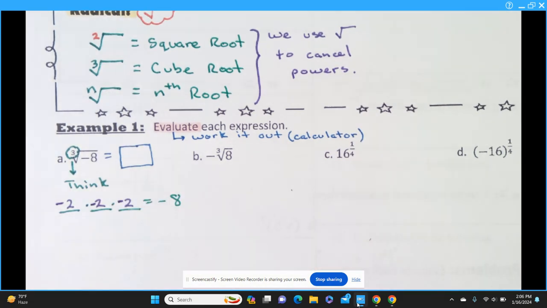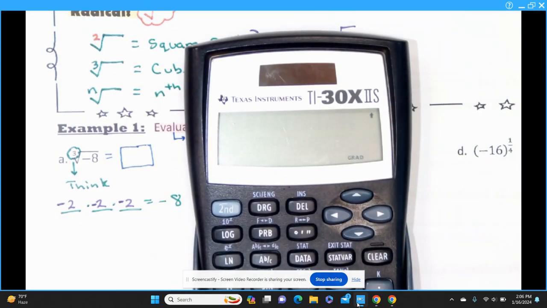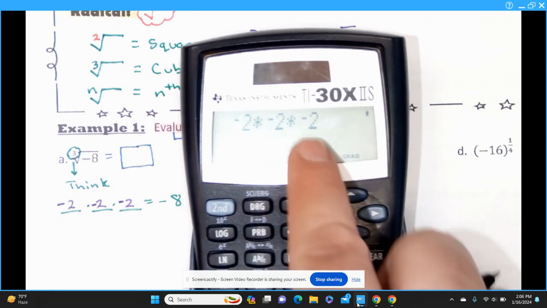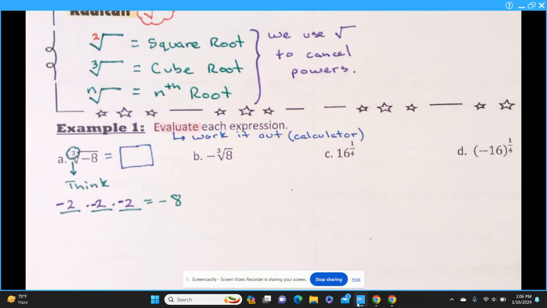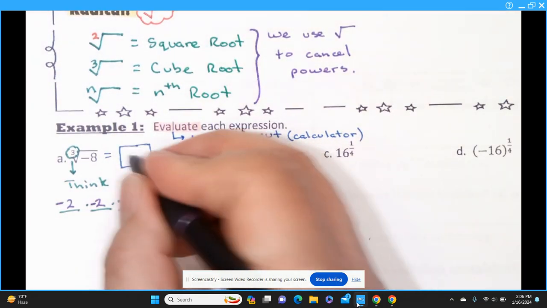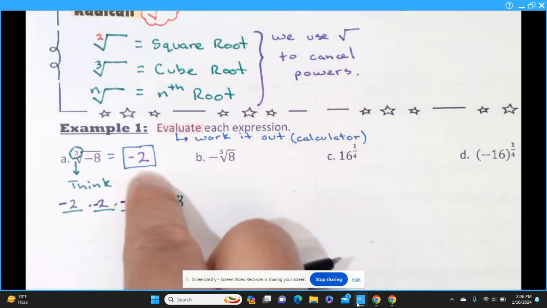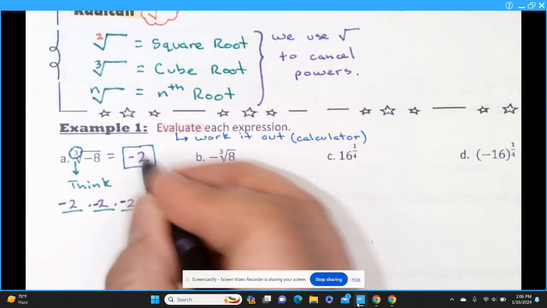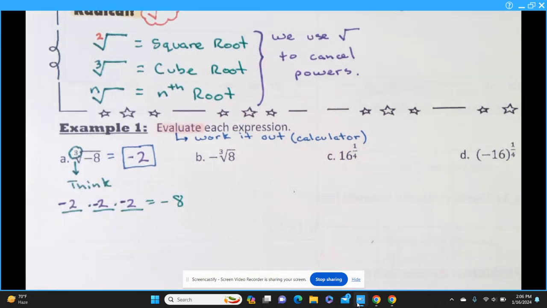But luckily, with our calculator, we can already see that -2 times -2 times -2, and you got to use the negative button, there's your -8. So then my answer is -2. Not this, just one of them. We're basically telling people that's the number, the base, that I would write 3 times to get a -8 as a result.